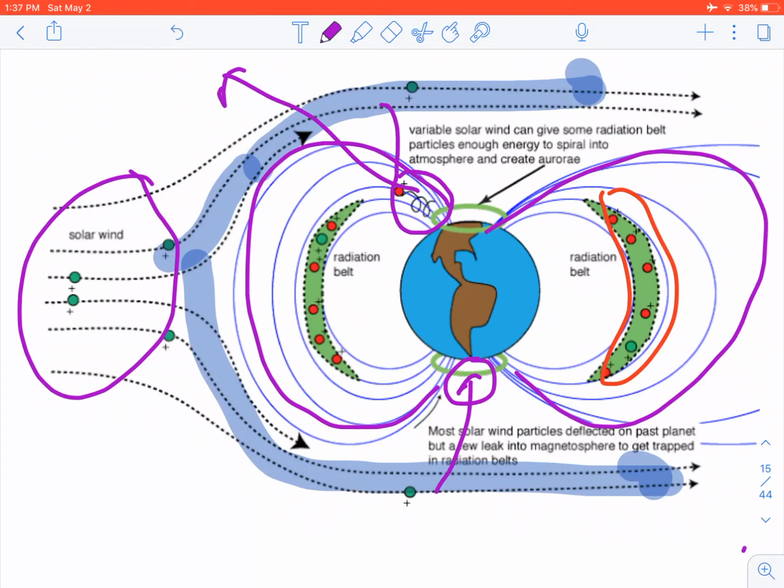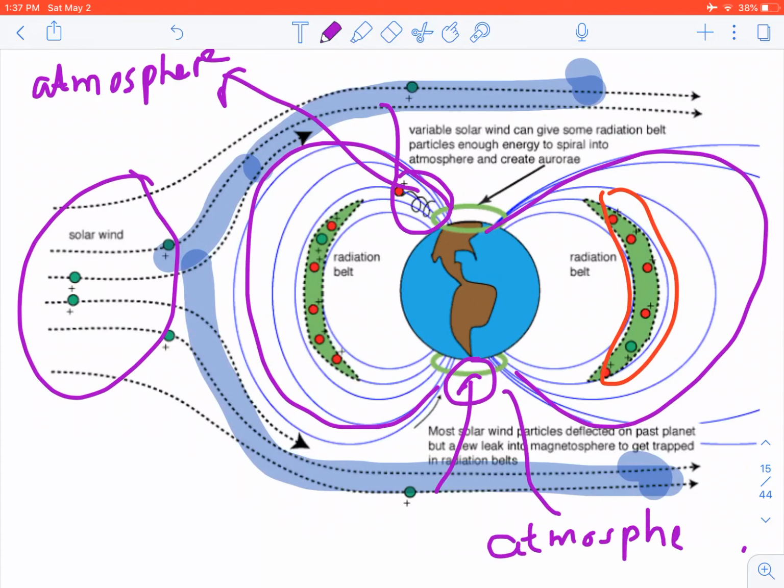They hit the atmosphere, they strike the atmosphere there, and the same thing here, it strikes the atmosphere there. And so, firstly, we find that happening.